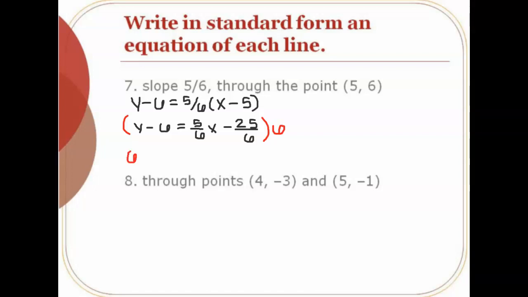So you get 6y minus 36 equals 5x minus 25.